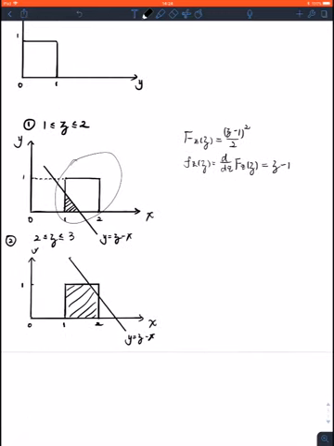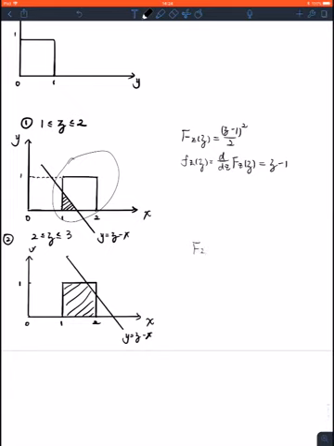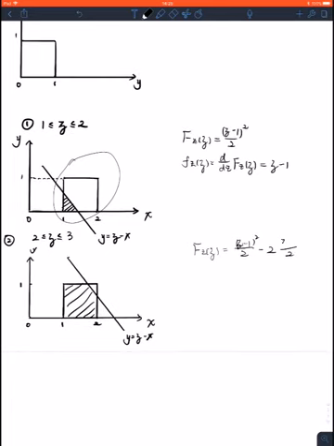And then the second case, when Z is ranging from 2 to 3, the distribution function of Z should be the shaded areas. So the area should be F_Z(z) equals (z-1) to the power of 2 divided by 2 minus 2 times (z-2) to the power of 2 divided by 2. And we should draw some lines to help you understand the calculation.